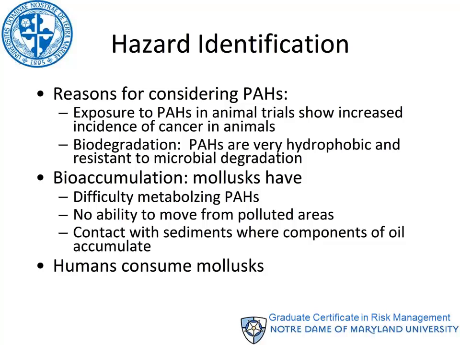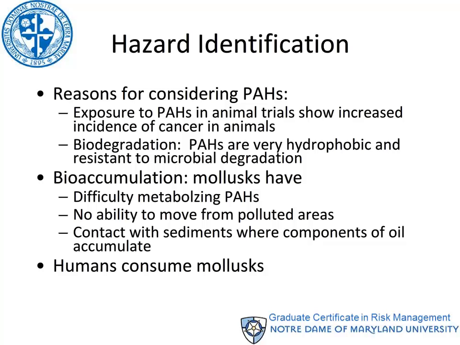Then there was bioaccumulation. Mollusks have trouble metabolizing these chemicals, and they don't have the ability to get up and move from polluted areas, so they come in contact with sediments where components of the oil accumulate. And then the final piece for the hazard identification was the simple fact that humans do indeed consume these mollusks.